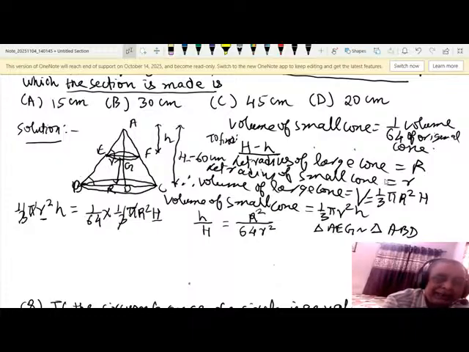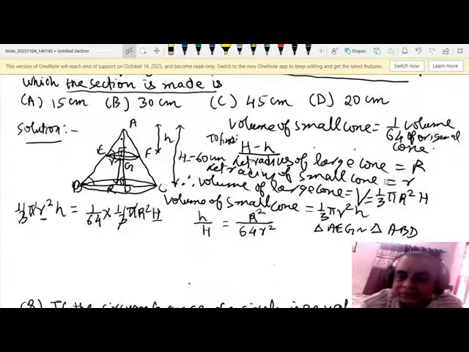Corresponding angle AEG will be equal to angle ABD, and the angle AGE will be equal to angle ADB, corresponding angle, and angle EAG is equal to angle BAD.